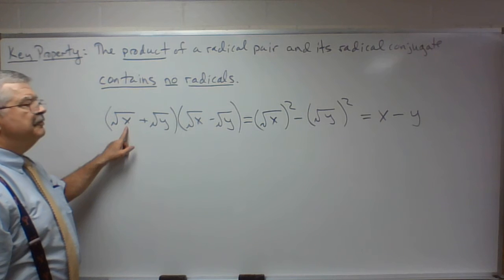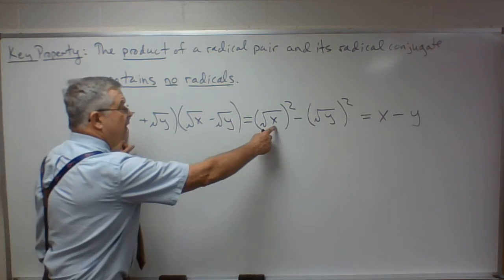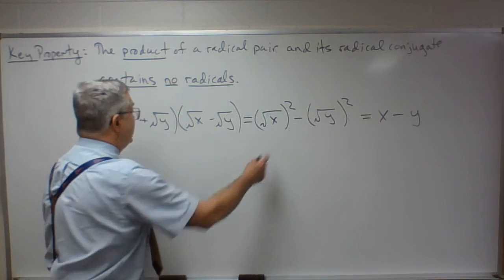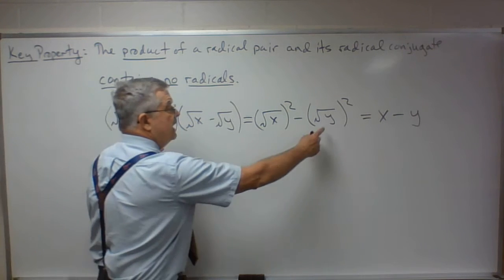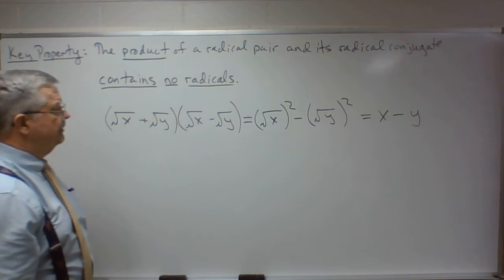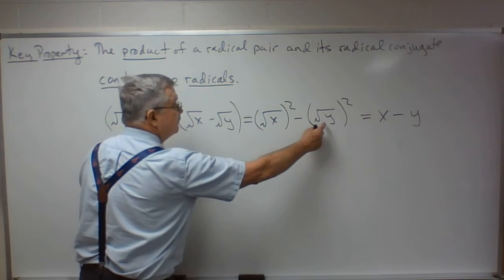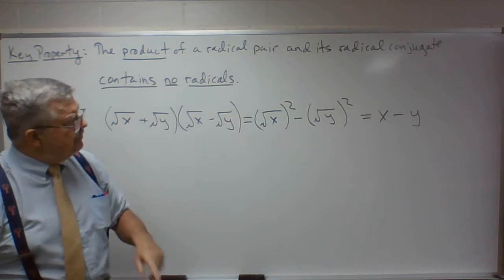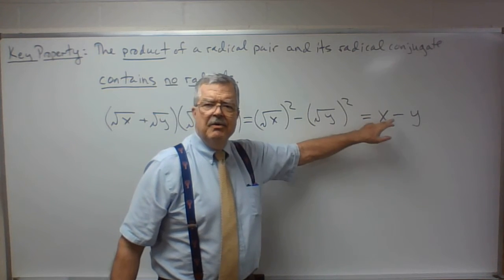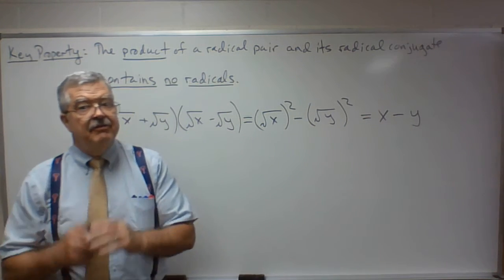We take the first term of the radical pair and square it, and then subtract the second term of the radical pair squared. So first thing squared minus second thing squared, and the result will contain no radicals. That's important.